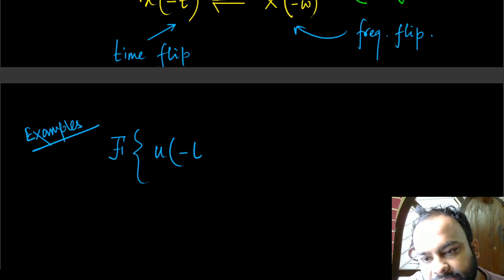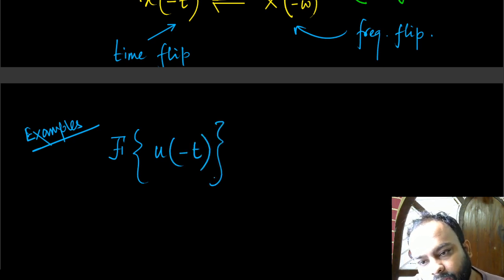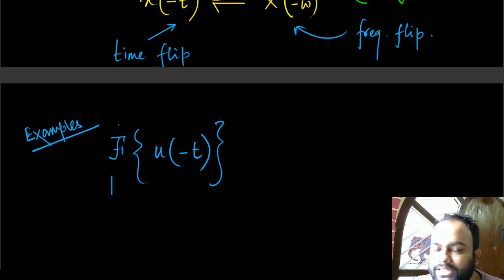u of minus t. Fourier transform of u of minus t. So what is u of minus t?